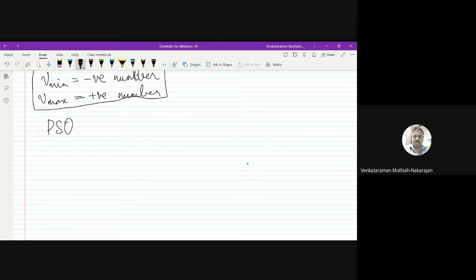The other algorithm that I showed you is my development, galactic swarm optimization, GSO. And I said GSO is better than PSO. See, when you compare two algorithms, you need to be a little bit careful.